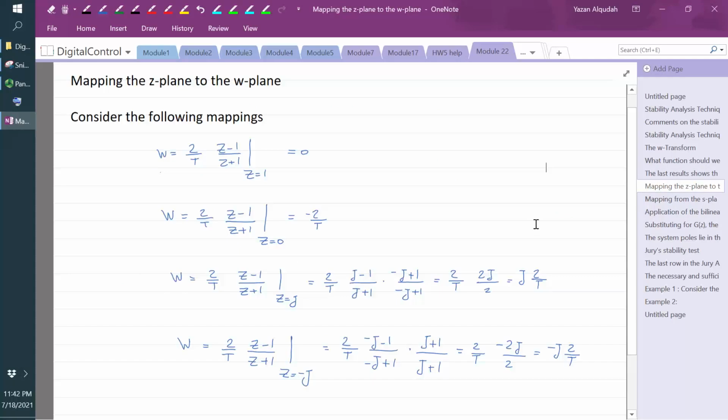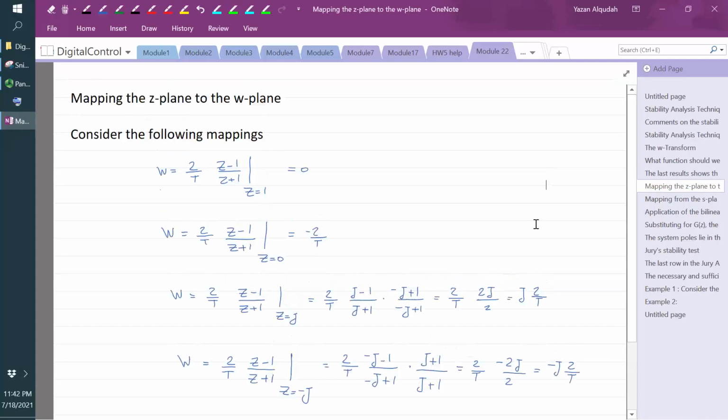Now let's look at some other locations in the z plane, and see where they're going to map in the w plane. So if I look at z equal to 1, where is this going to map to? w equals 2 over T, z minus 1 over z plus 1.